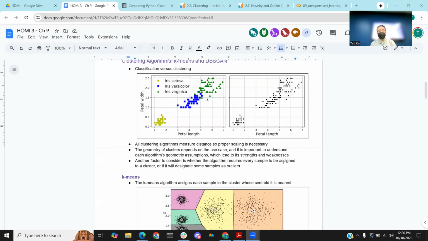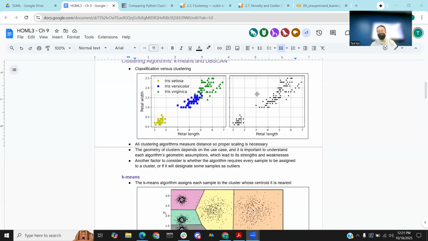So if you said, for example, this iris data set, these are on the right-hand side. We're going to make clusters, and let's just say we guessed correctly and we wanted 3 clusters. If I add one data point way, way out here to the upper left, that point has to be included in one of the 3 clusters, and it is going to skew the final clusters that we come up with, because some cluster is going to include that, and it's going to yank that cluster way up and to the left.